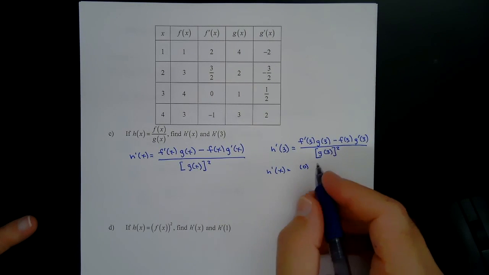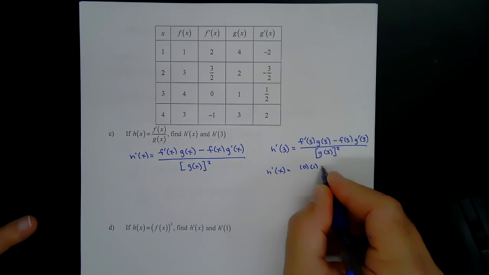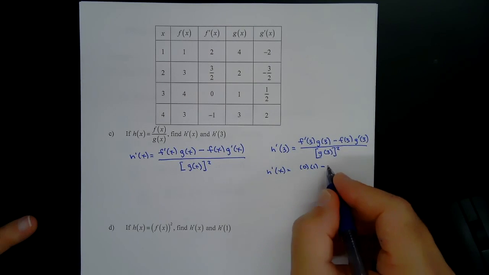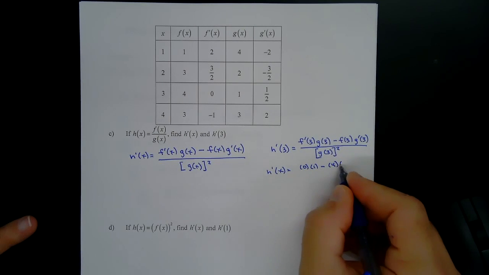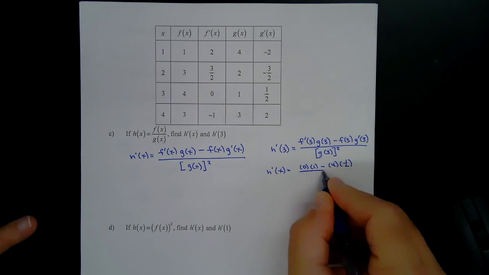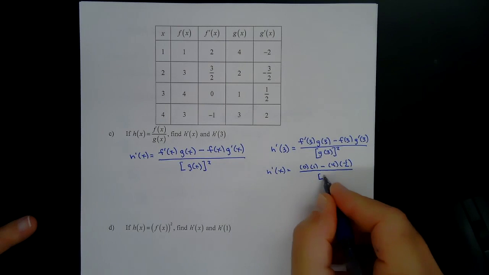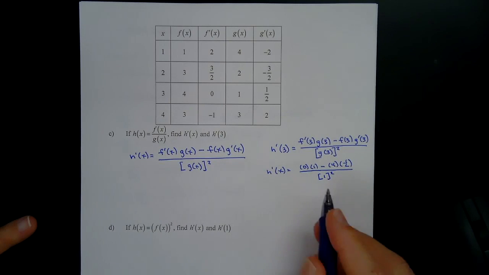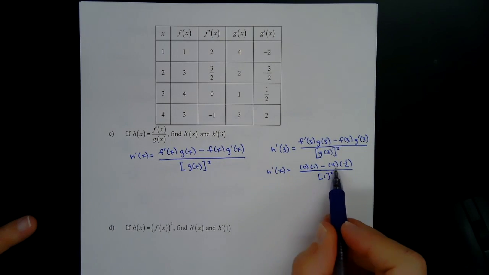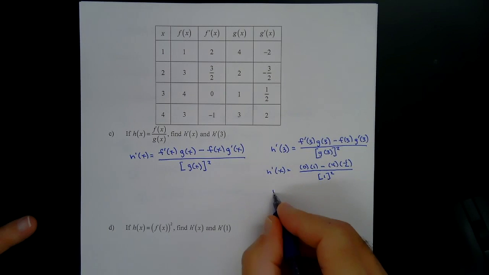G of 3 is 1, minus f of 3 is 4. And then g prime of 3 is 1/2, all over g of 3, which is 1, squared. So this would be 0 and minus 2, so that'd be negative 2 over 1.